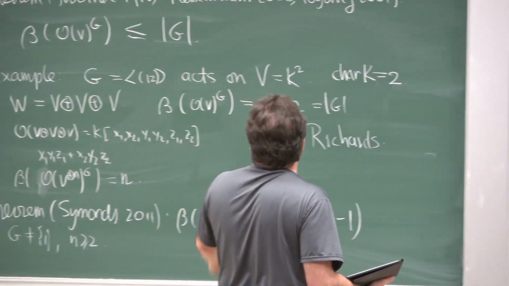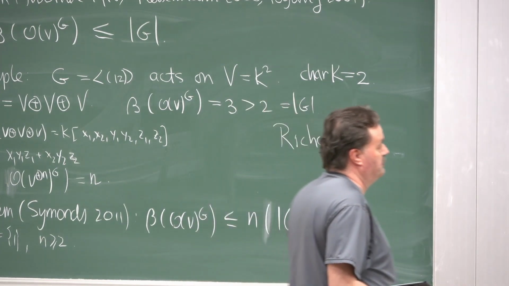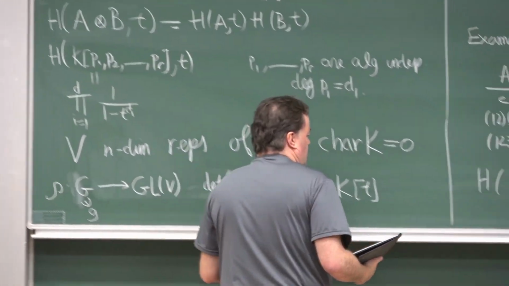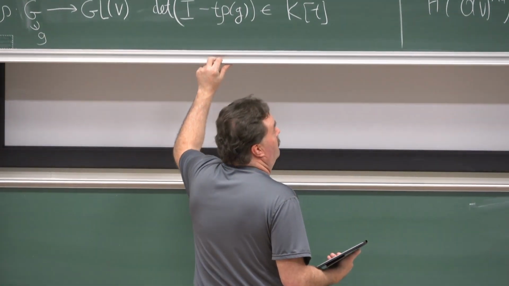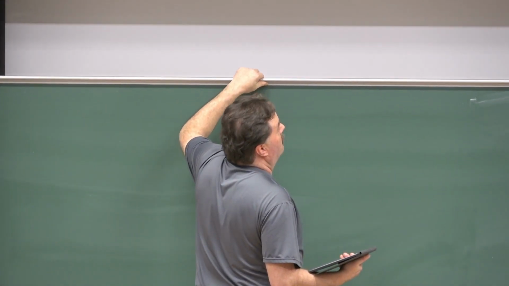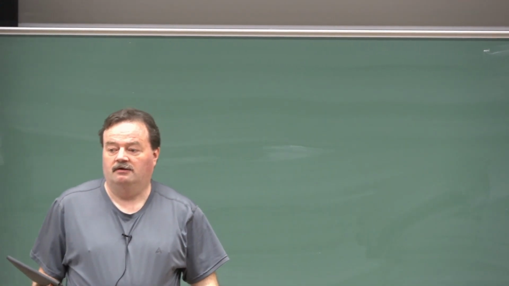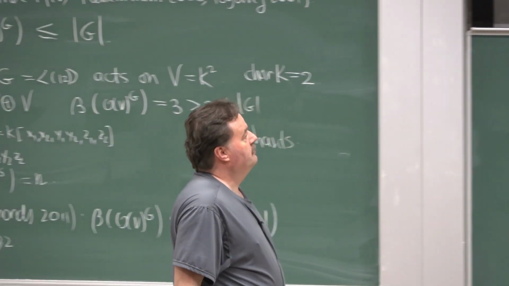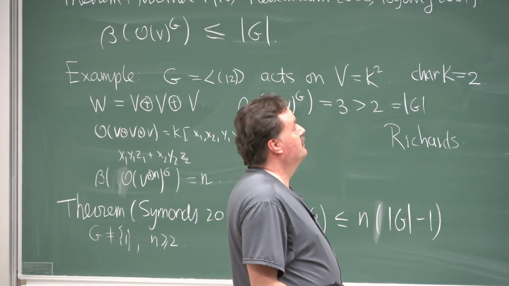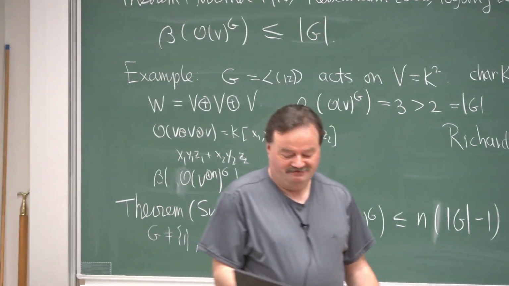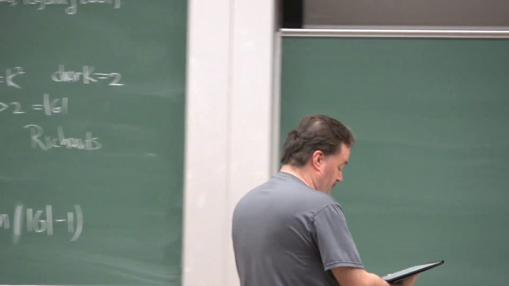So delta in this case has degree 6 for n equal to 4. In general, there's an equivalent formula if G is compact, taking an integral. Yes, that's true also, and I'll do some examples of that.